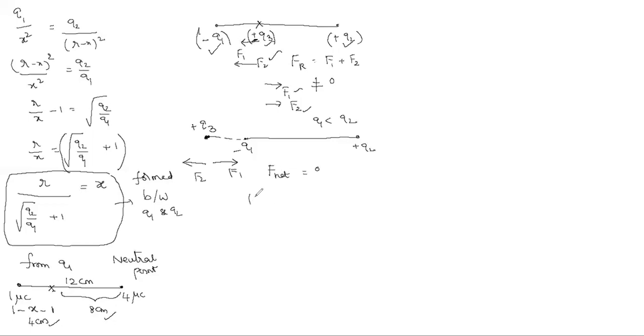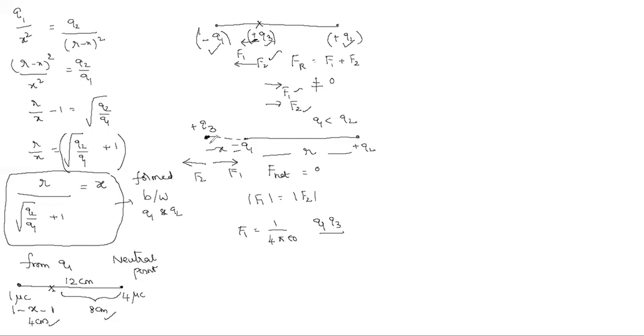So again, mod F1 is equal to mod F2. They are equal. You take this distance as r and that distance as x. Then F1 is 1 by 4 pi epsilon naught into q1 q3 over x whole square.